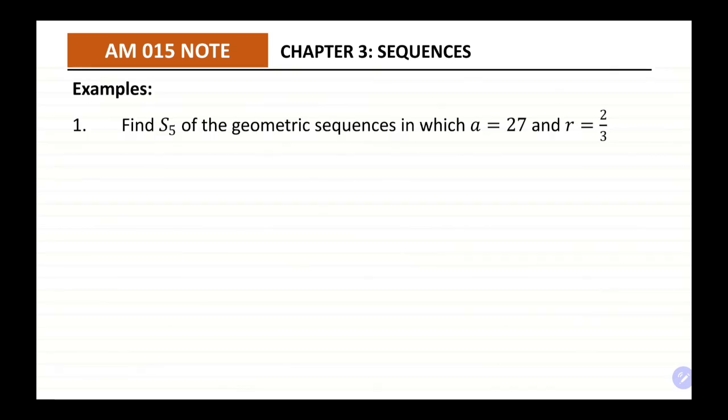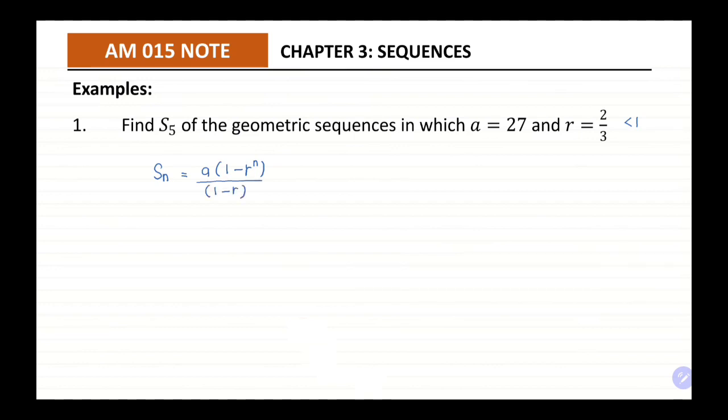We continue with example number 1. Find S5 of the geometric sequence in which a equals 27 and r equals 2 over 3. Now we want to find the sum of the first 5 terms. Since r is less than 1, we use the formula Sn equals a times 1 minus r power of n, divided by 1 minus r.